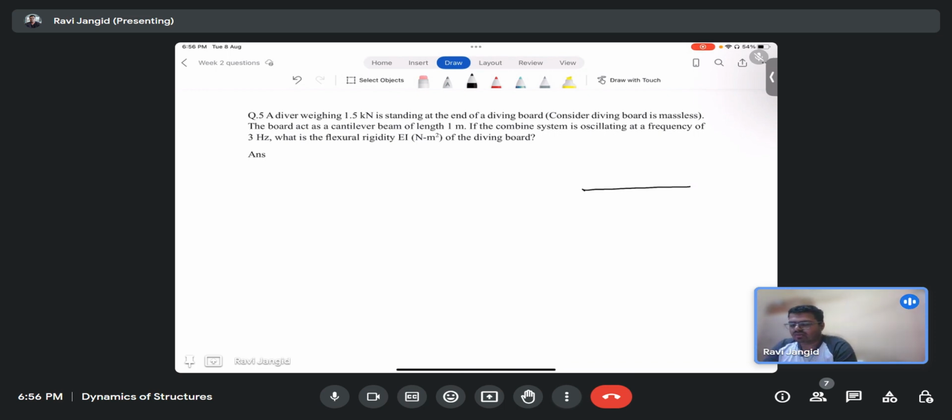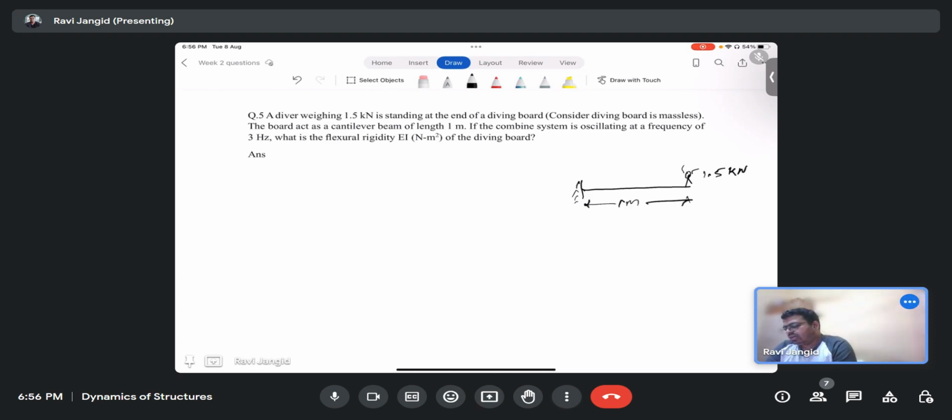The diving board is always like a cantilever, and the diver is standing here. His weight is 1.5 kilonewton, and the cantilever length is 1 meter.